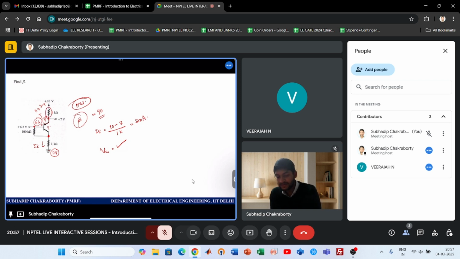This one, right? This is 10 volts and this is 7 volts. So accordingly you can calculate what is IC, right? And just check IC by IB to get beta.